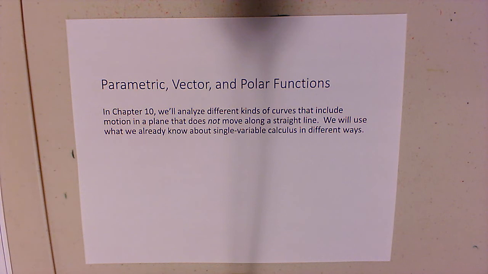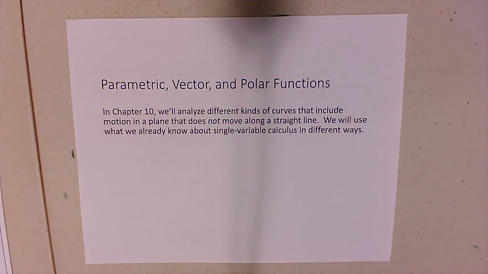We'll have a function for x, a function for y, and then both of those will be in terms of some other variable t or theta. So we can have that extra function to show us how things relate to time or an angle that we're moving through. Vector functions are going to show us the motion of an object with magnitude and direction.